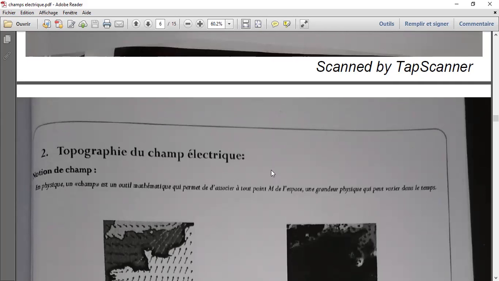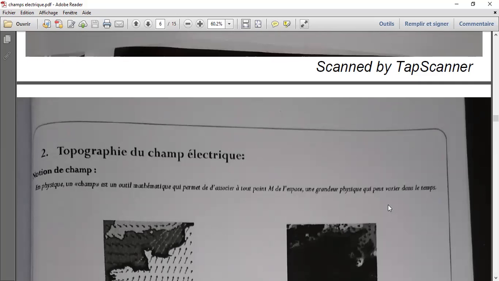So notion de champ. Here it says: en physique, un champ est un outil mathématique qui permet d'associer à tout point M de l'espace une grandeur physique qui peut varier dans le temps. So in physics, a champ is a mathematical tool which permits us to associate to all points of space a physical quantity which can vary in time.